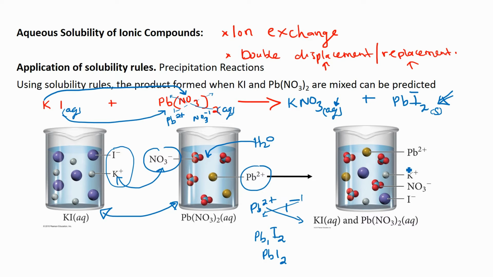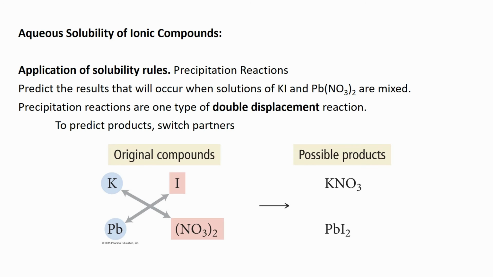So there's gonna be breaking down of lead nitrate and KI. You make your ions. Those are the 4 ions, and then those 4 ions will have to react by double displacement process. That's the exchange I showed you.